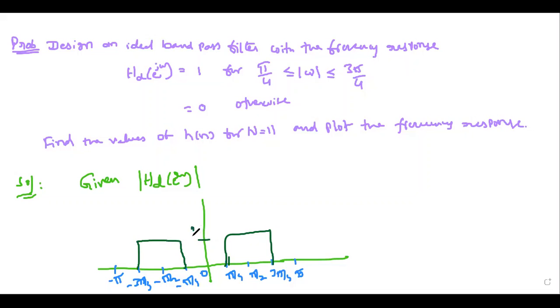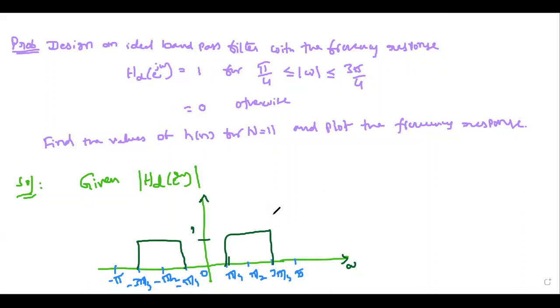It is equal to 1 during this duration. Remaining it is 0. This is omega with respect to magnitude. Understood this? From the mathematical relation we have shown it in a graphical way. That's all.